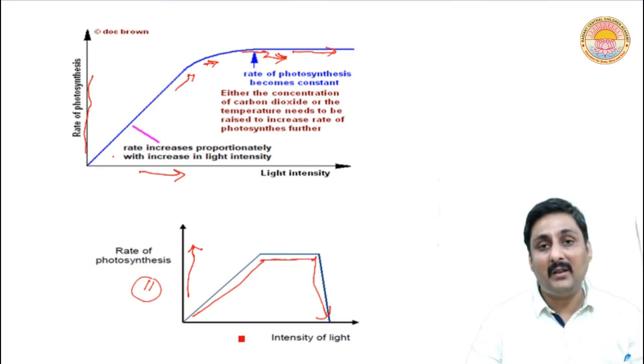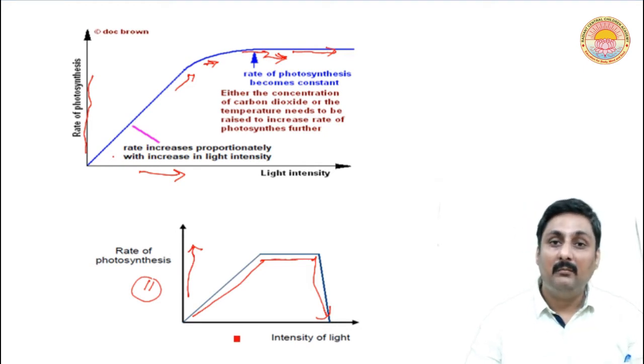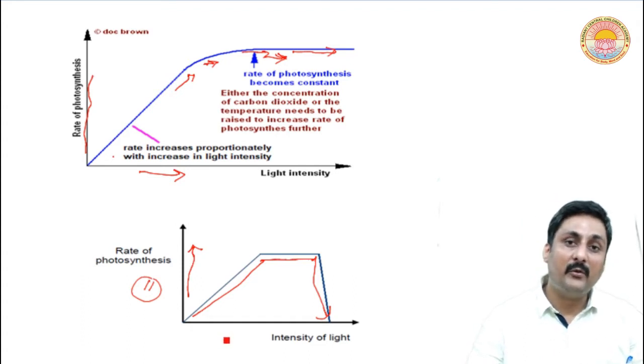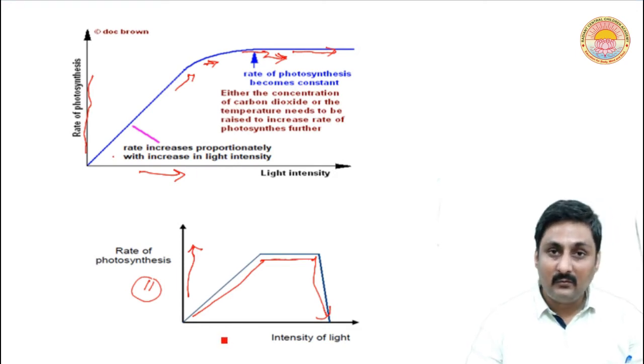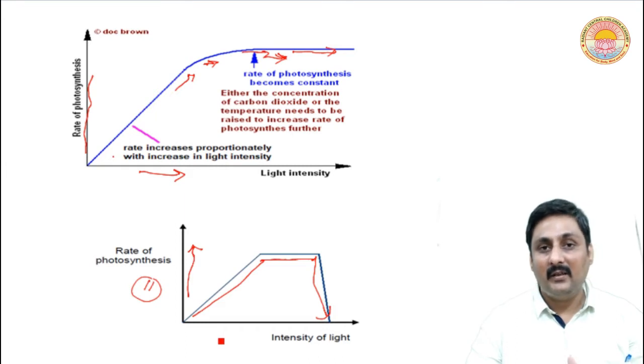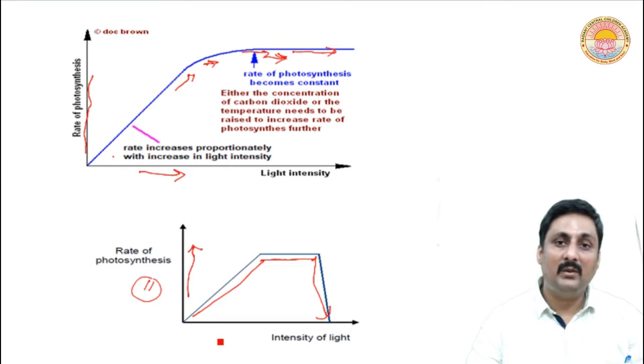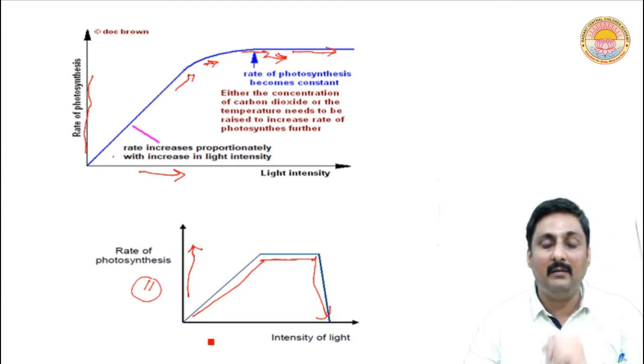In that particular case, rate of photosynthesis will start decreasing because it will start damaging the cell organelles which are present in the cell. So light intensity is a factor in the production of sugar, or you can say it enhances the rate of photosynthesis, but at a certain level.